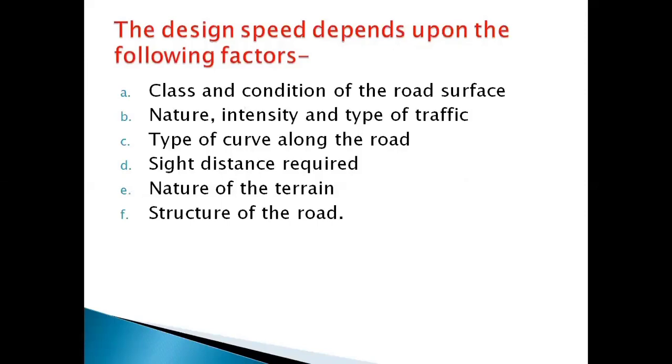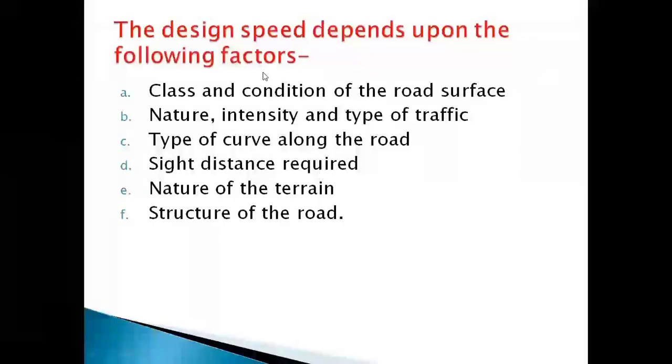First is class and condition of road surface. What is the class of road? There are three classes of roads: class 1, class 2, class 3. In that, which class of road, then the condition of road surface. Second is the nature, intensity and type of traffic.